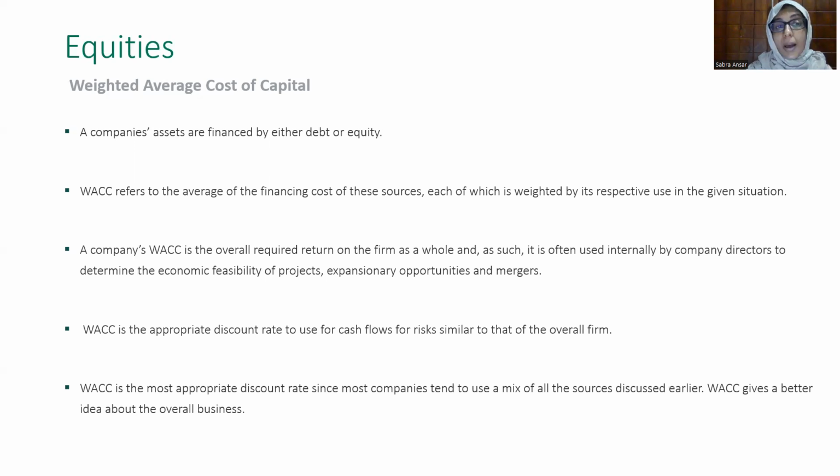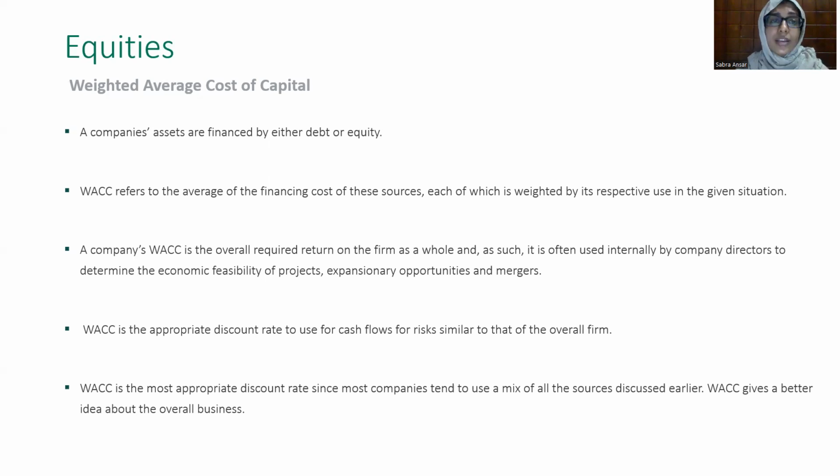And so a company's WACC, or the weighted average cost of capital, is generally the overall required return on the firm as a whole, and usually it is used internally by the company directors to determine the economic feasibility, or even things such as expansionary opportunities, mergers, or project proposals.